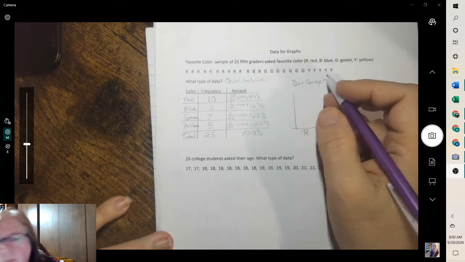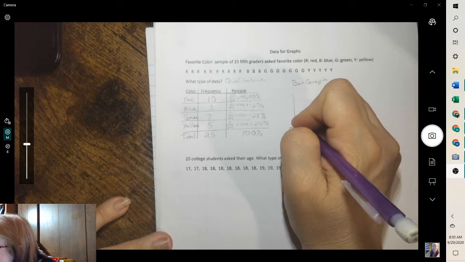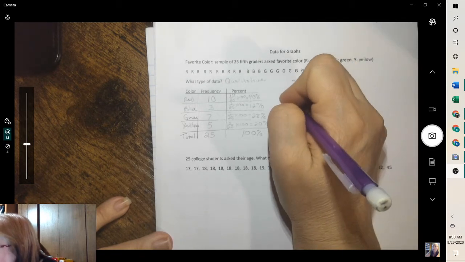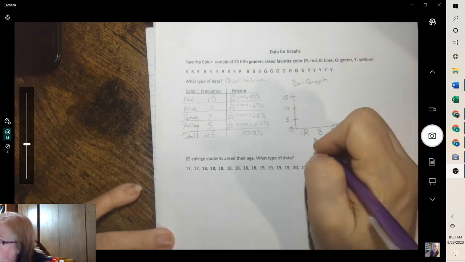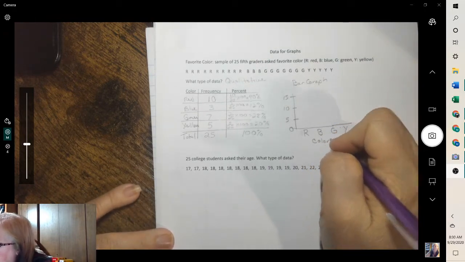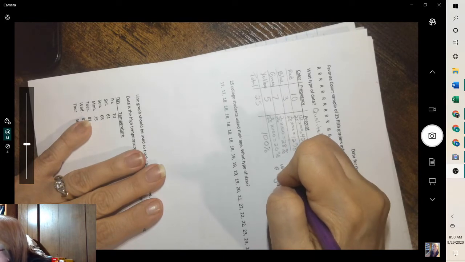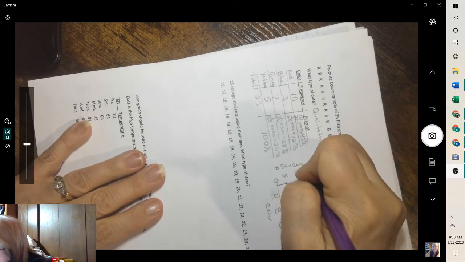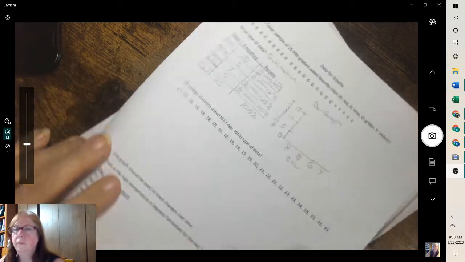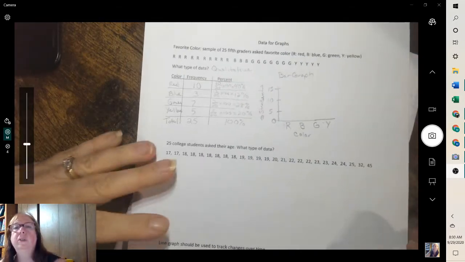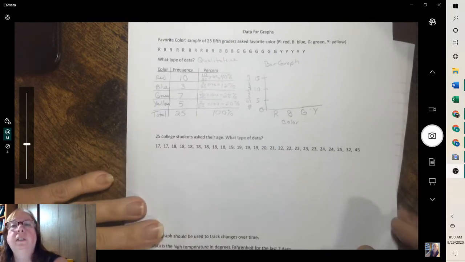And going up, so you have color going across and the number of students going up, because number of students is your frequency.